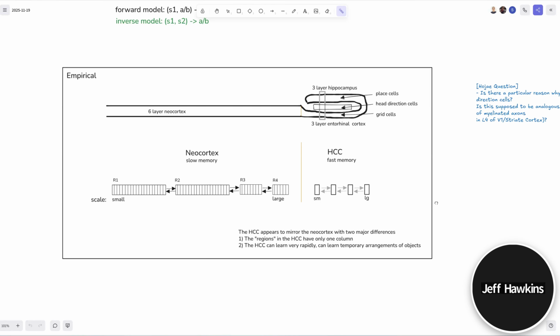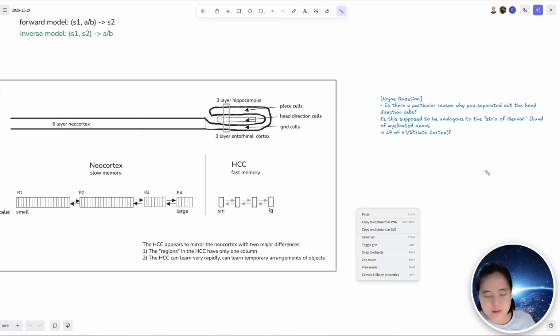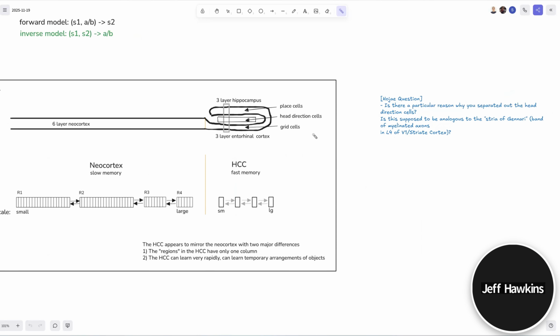Koji, you wrote over on the side here. Well, again, why did I have separate head directions? This is just empirical data. They've given a name to this thing called the subiculum. Obviously, if you go look at real neural tissue, this stuff is all glued together and bloody and messy, so it's nothing really clean like this. Did you have a different understanding of what that looks like, Hojang?